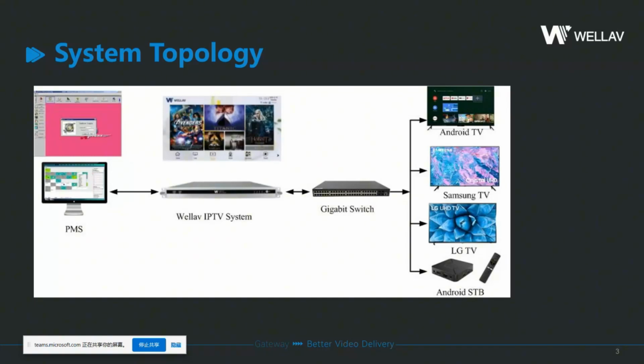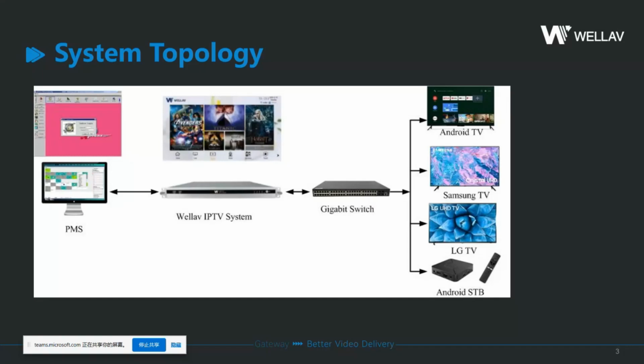In that local area network, there are two kinds of communication methods. The first is simply the TCP/IP protocol, and the other is using TCP/IP with SSL for encryption of the communication message to have higher security. The rest is that the IPTV system obtains all the information from the PMS, then forwards it to the terminals.